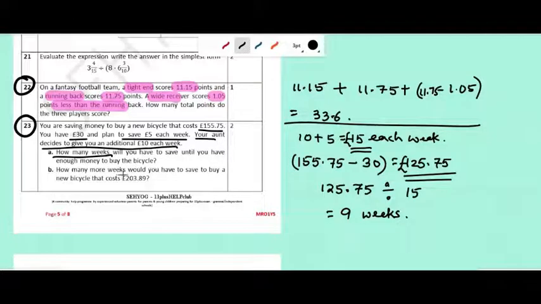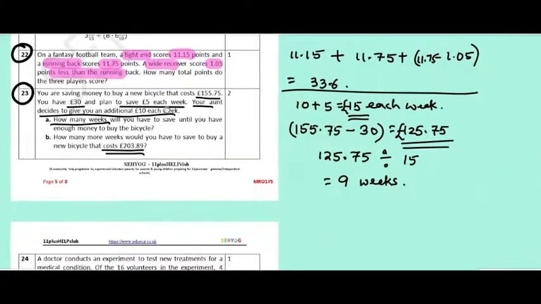How many more weeks would you have to save to buy a new cycle that costs 203.89 pounds? So this is also a very similar case of calculation, but here the cost of the cycle is completely different.